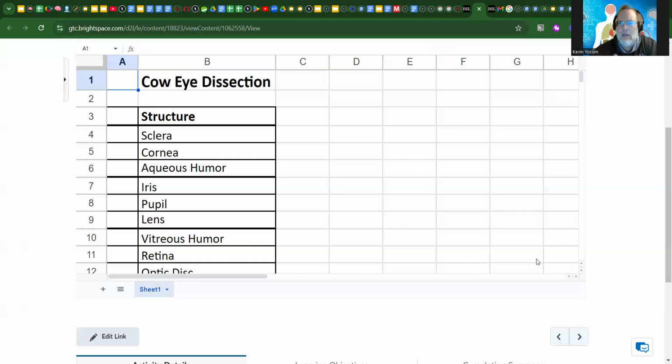Reds, browns, grays are typically musculature or glandular. But you'll also notice that the nerve is covered in fat, so nerves are often a little bit different color than everything else. They're kind of a yellowish, whitish, cream color.